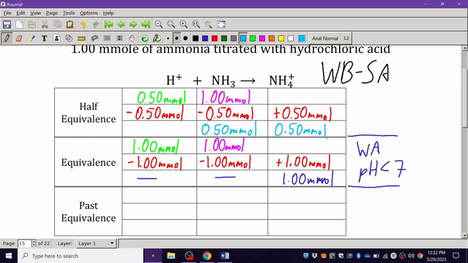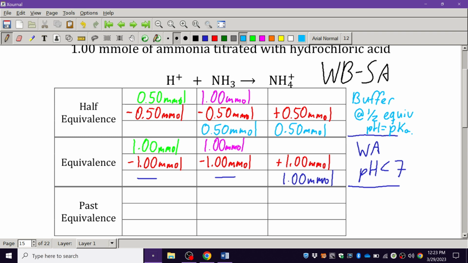What is it? It's a buffer, exactly. It's the same scenario that we had in the previous example, except that we're approaching the buffer from the other end. We're coming down in pH as we add more titrant, as opposed to raising pH. But the same is true. At half equivalence, the pH of this buffer is going to be equal to the pKa of the weak acid.